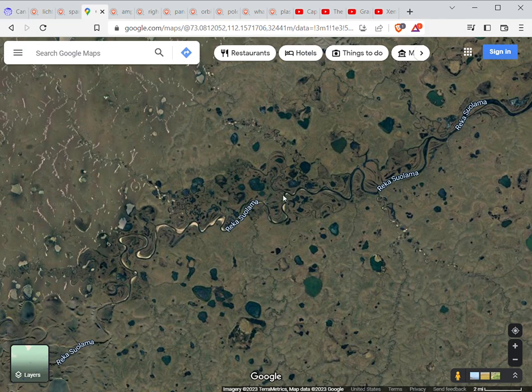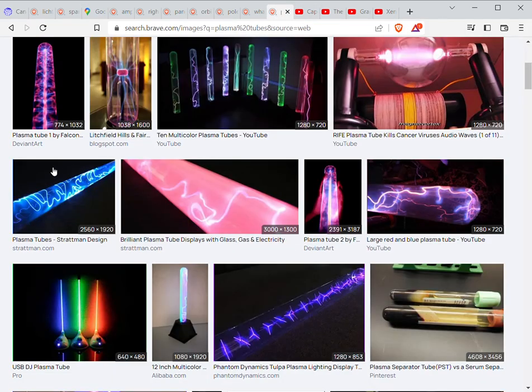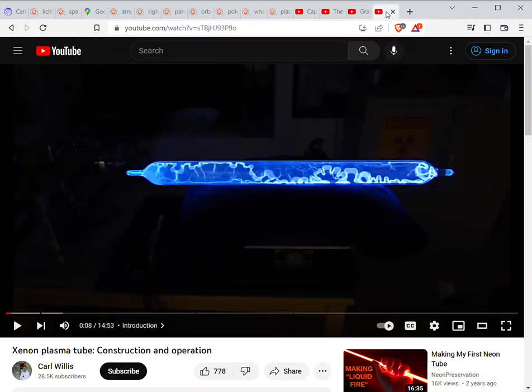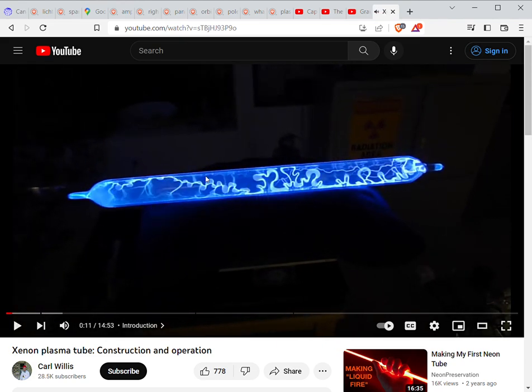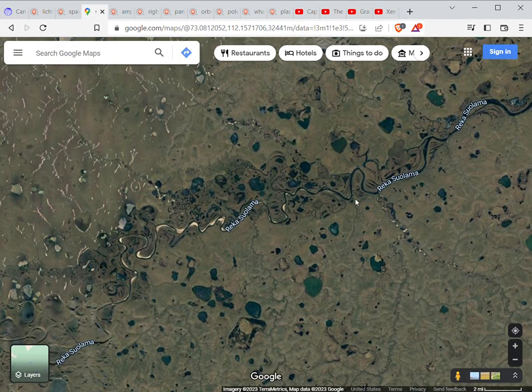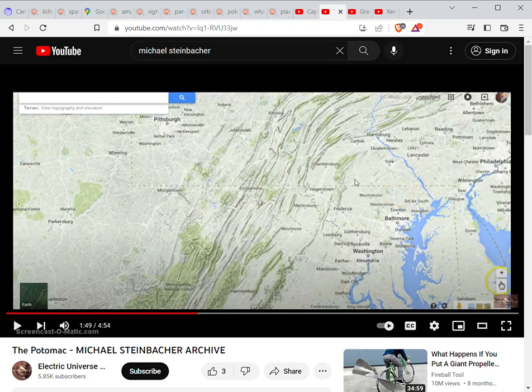Like the way this dances, this is why I brought up plasma tubes. This is why I had this up, because over here, when you come to the tour, and you just play that for a second and watch how that dances and the frequencies that are involved, and then you come back over here to the Earth and you see something like that, come back over to Michael Steinbacher in his video, and he's talking about this.